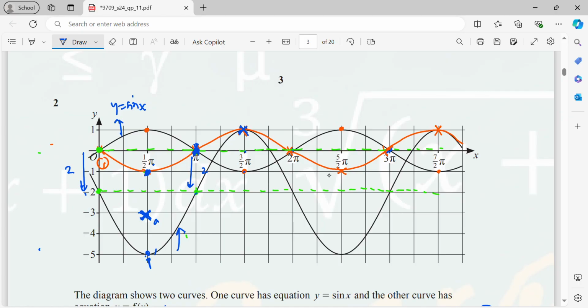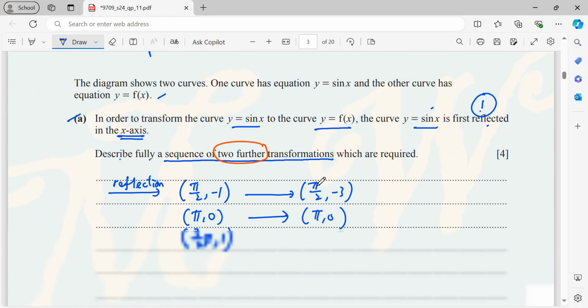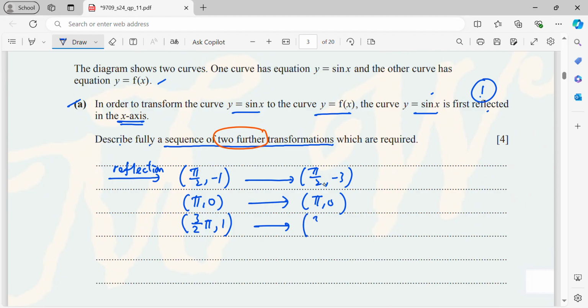That means this one you move up 2 units. So when you move up 2 units from 1, basically it will be over here. That is 3 because you move up 2 units. Therefore, I will be getting 3 over 2 pi and 3. So from here you check, x no difference, but the y value from -1 changes to -3, and 1 changes to 3. By looking at this point, the change is in the y coordinates and it is triple of the original point.